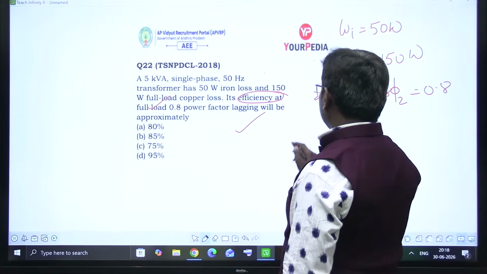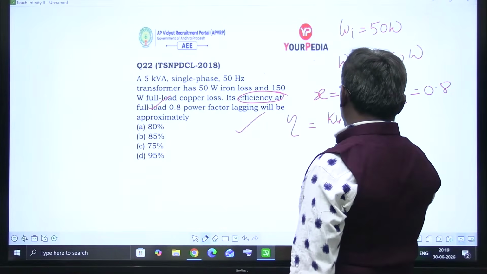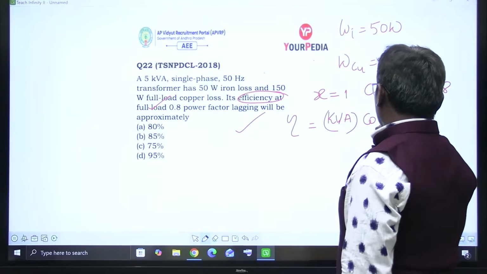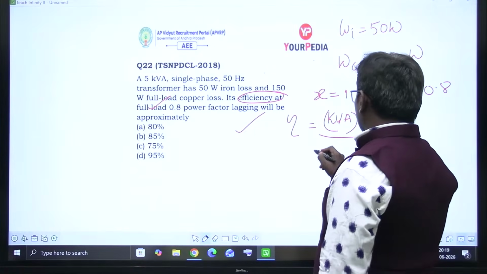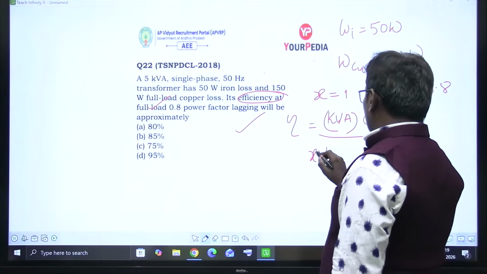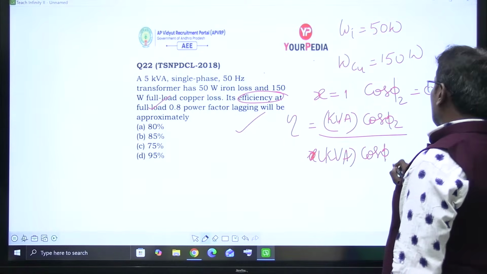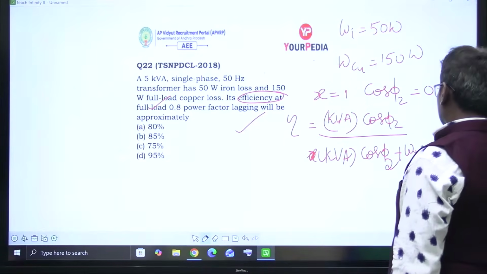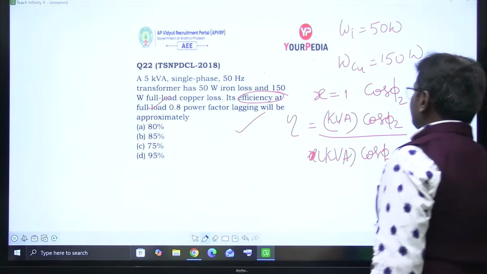Efficiency is equal to X kVA cos phi 2 by (X kVA cos phi 2 plus iron losses plus full load copper losses, WC).